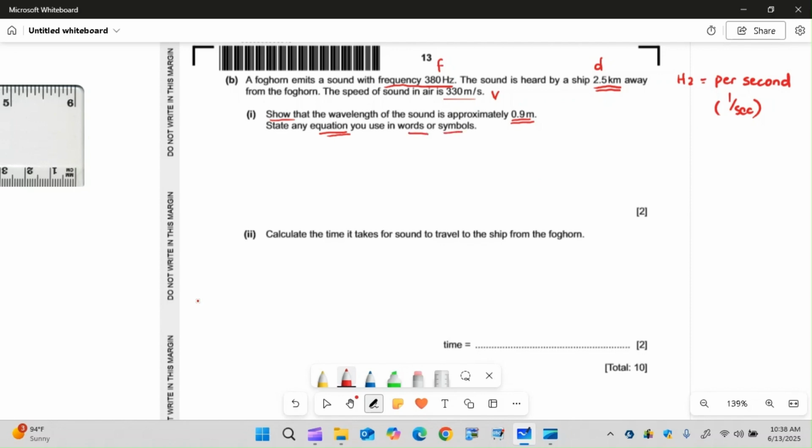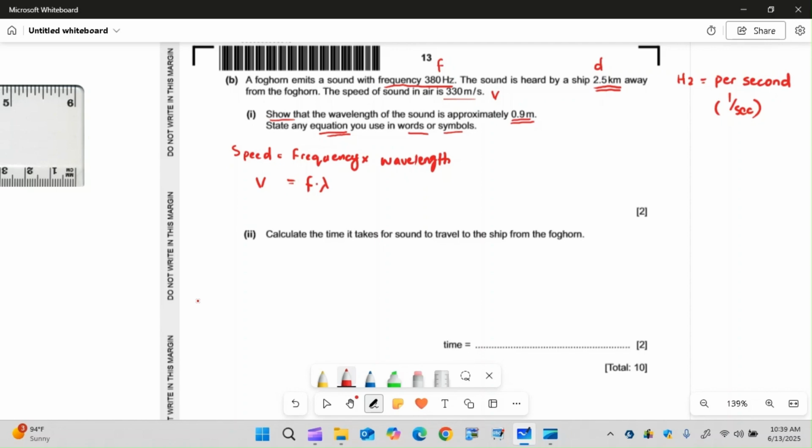We know that speed of a wave is equal to frequency times wavelength. In symbolical representation, I will say v is equal to f times lambda.